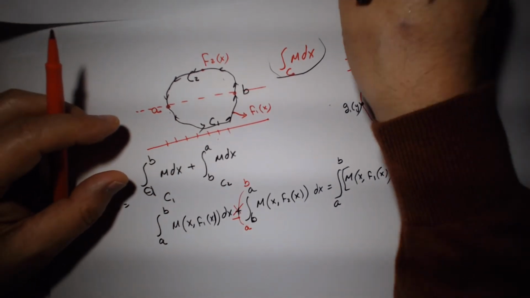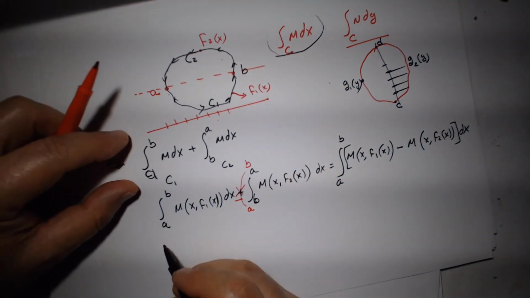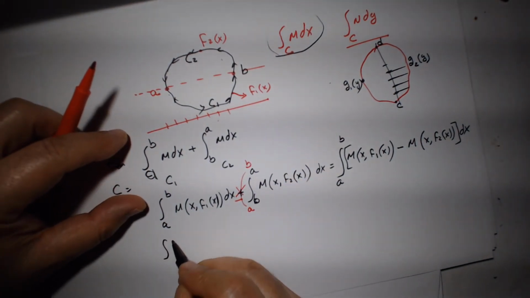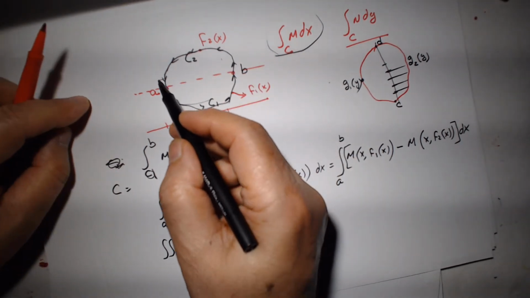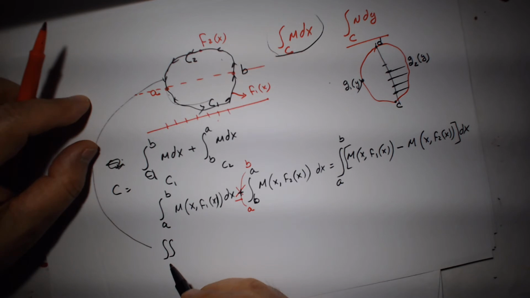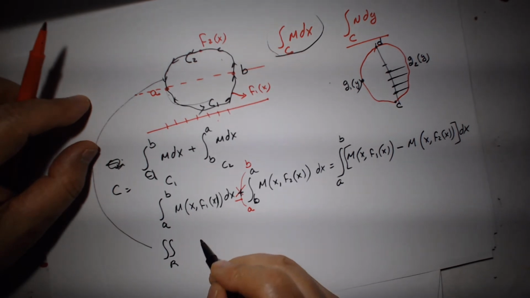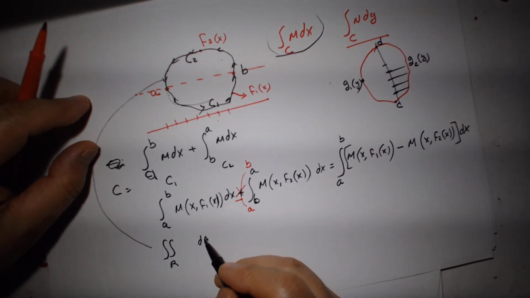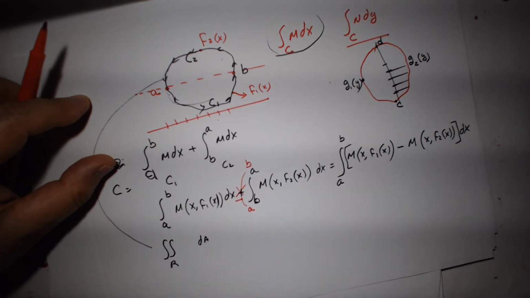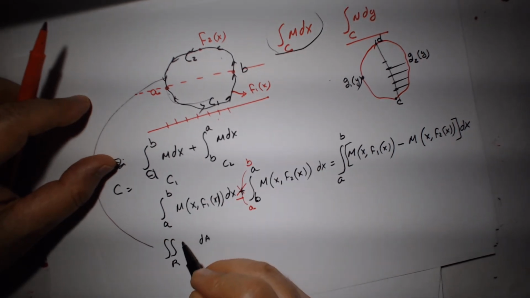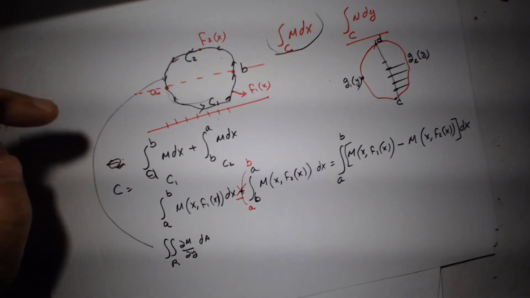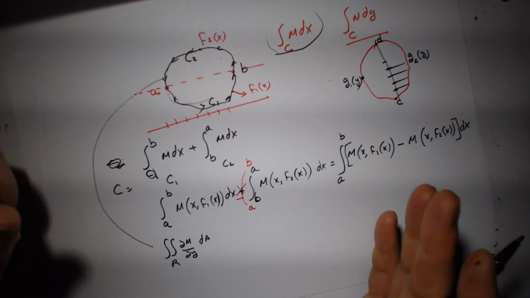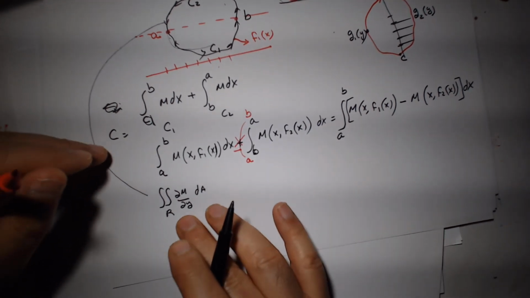But I'm going to come back right here, and I'm going to say, what happens if I take a double integral of that region, dA? But I do the same thing. I'm going to take the partial derivative of M with respect to y. Just don't ask me why, just watch. I'm going to do it with respect to y.